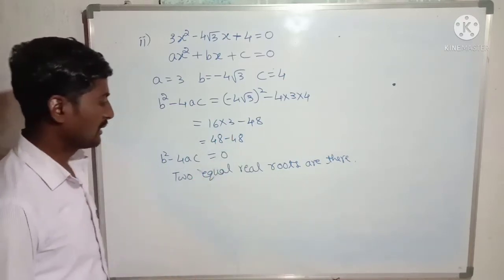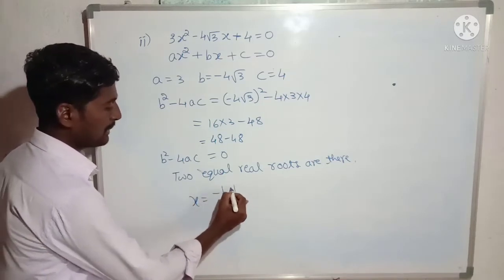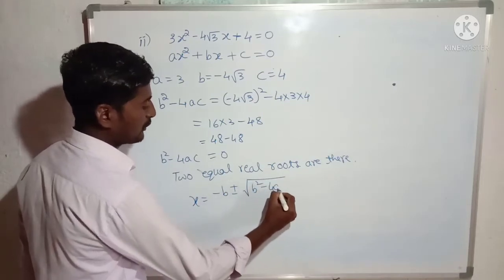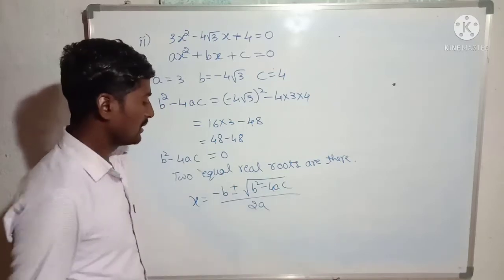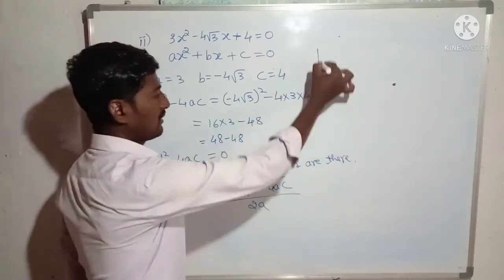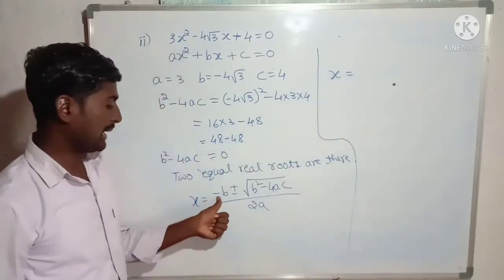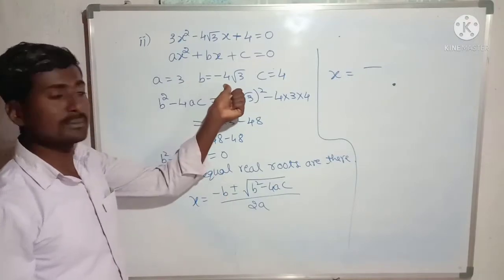Now I'll write the formula. X is equal to minus b plus or minus under root of b square minus 4ac, divided by 2a. For this problem, x is equal to minus b, and the b value is minus 4 root 3.